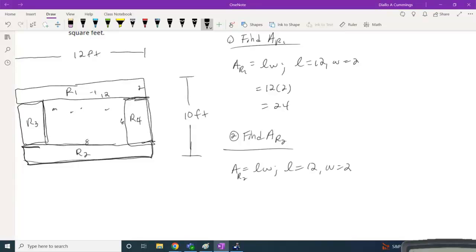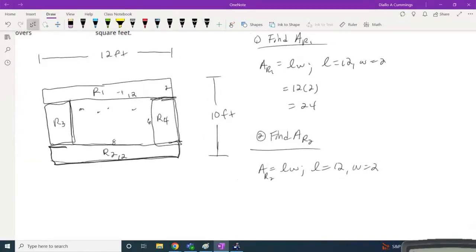The width is going to be 2, because my length is the overall length, and since it extends 2 feet, the height is 2. Once I multiply the length times the width, again, I get 24. And since I'm talking about area, that should be square feet.